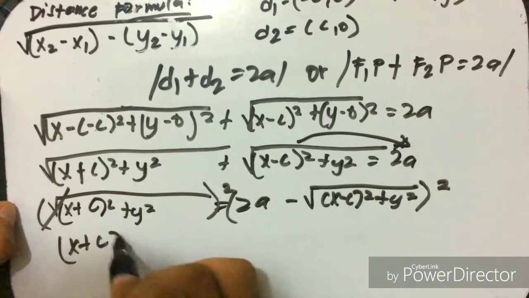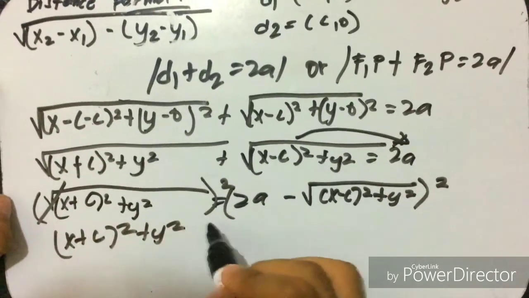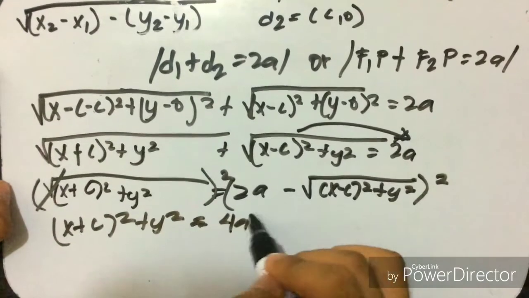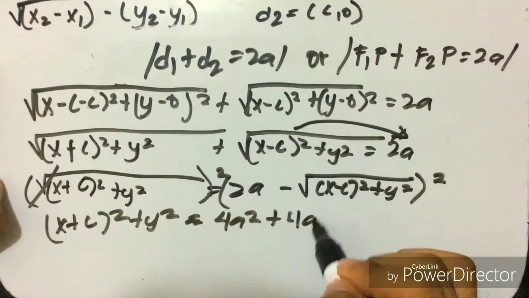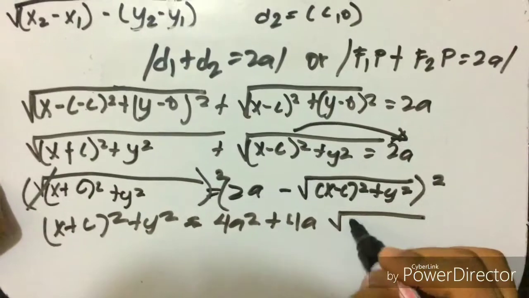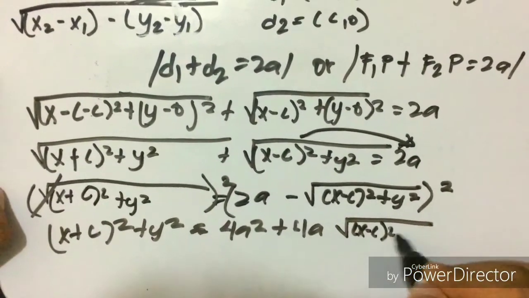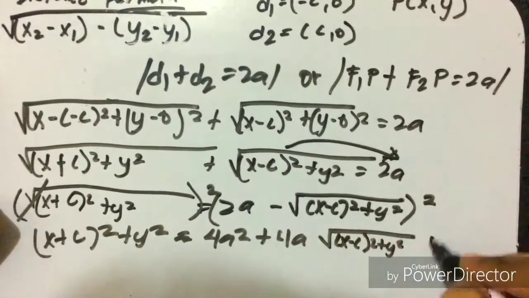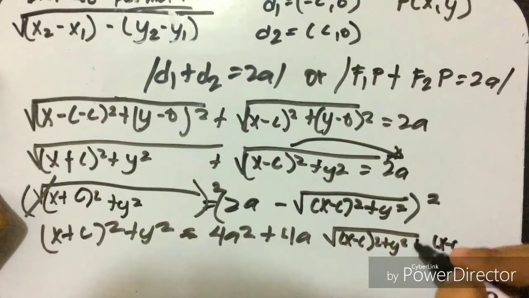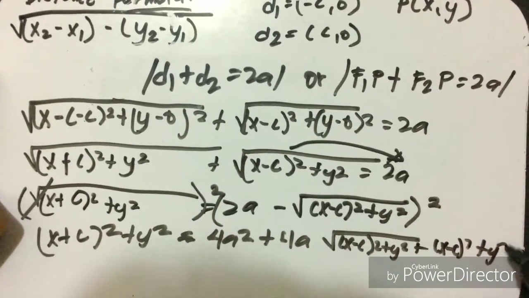(x plus c) squared plus y squared equals 4a squared plus 4a times the square root of (x minus c) squared plus y squared, plus another (x minus c) squared plus y squared.